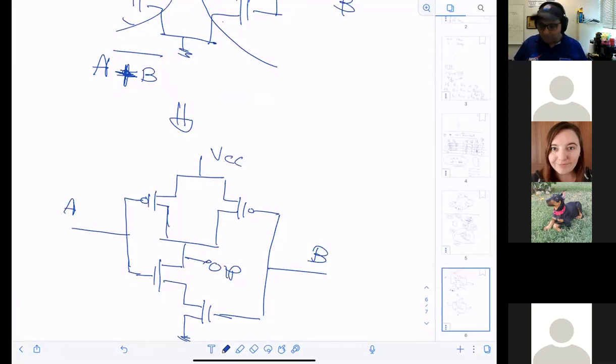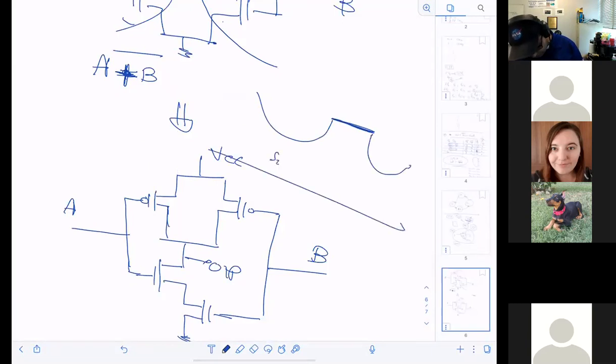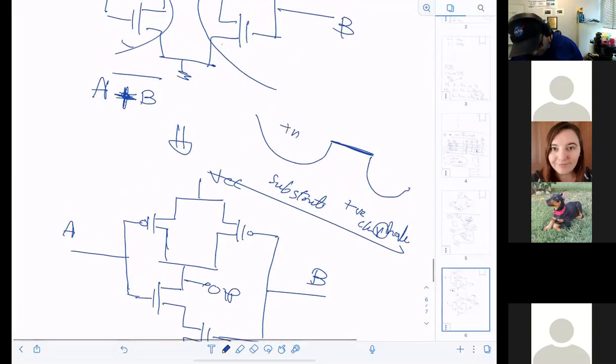So basically, in the MOS technology, you already have a substrate, and this is a positive charge. They call it hole or P. And then you already have N, and here is basically the injected P in the middle.